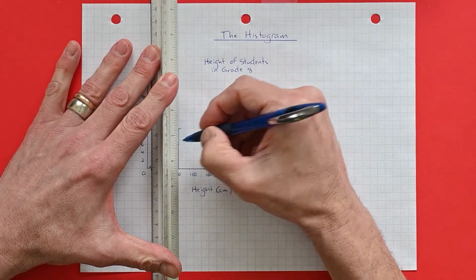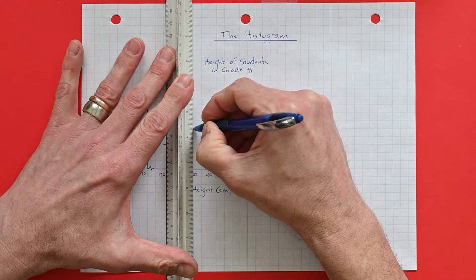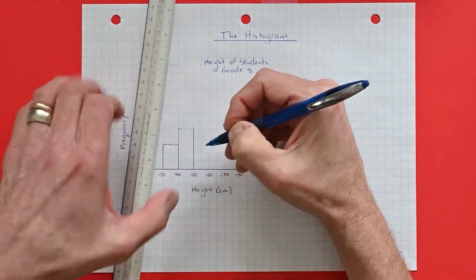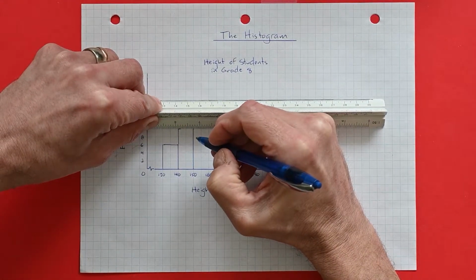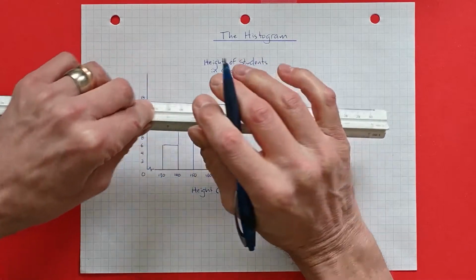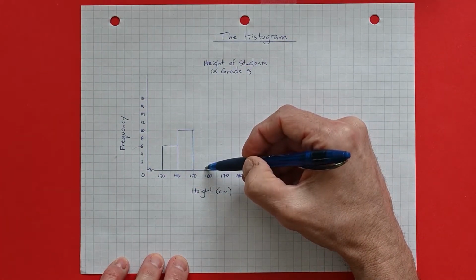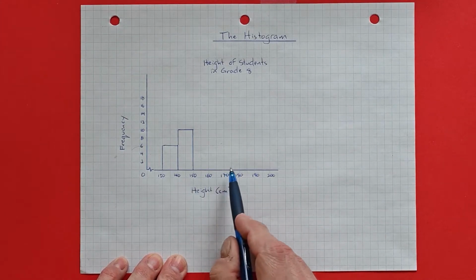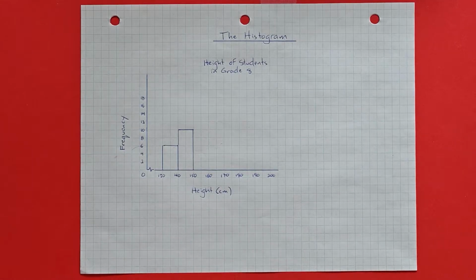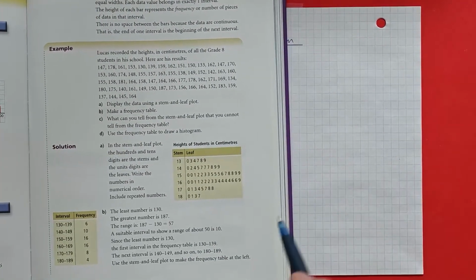I hope you're starting to see that what we've done here is to group this data on heights into intervals, and then figure out how many people are in each interval. We would continue like this and create the next bar. We go back to our stem and leaf and figure out how many are in the 150s, then the 160s, and so on. I'll do one more with you before we move on to the exercises.